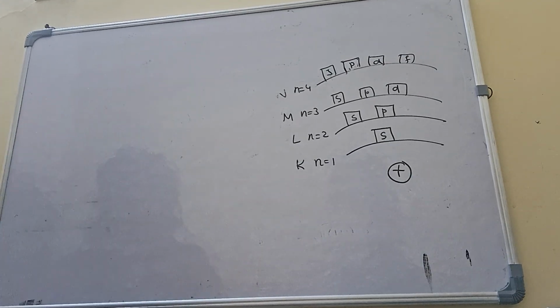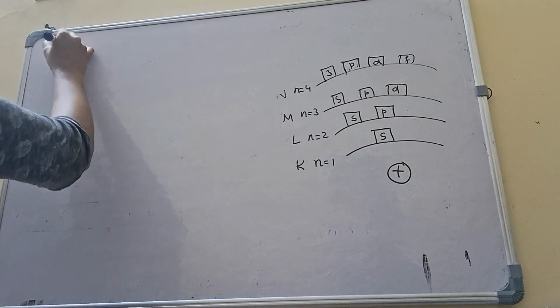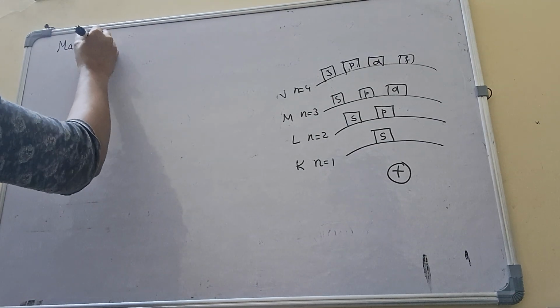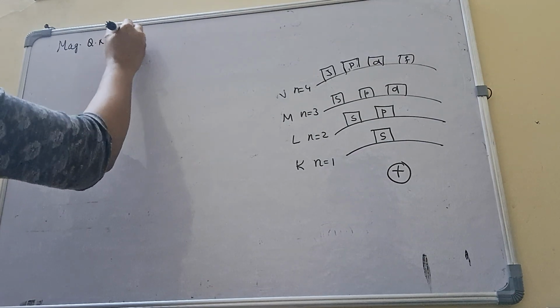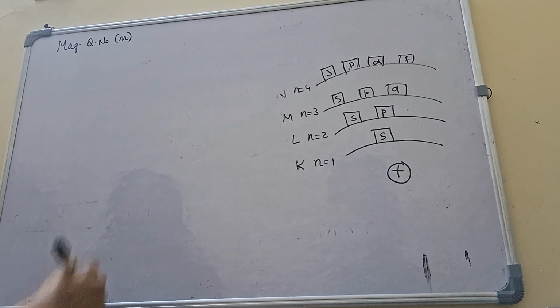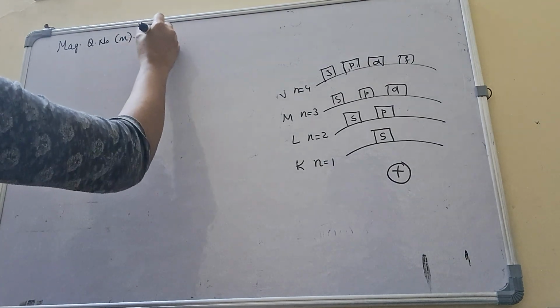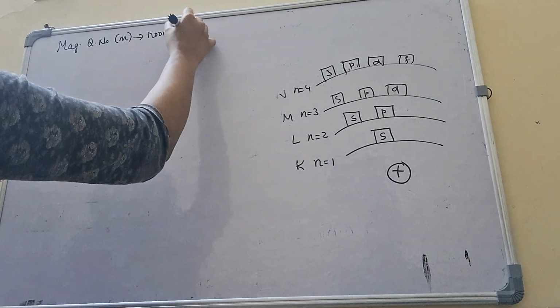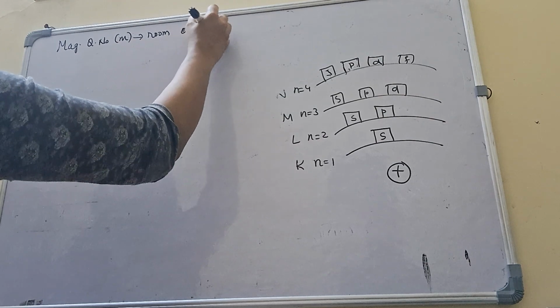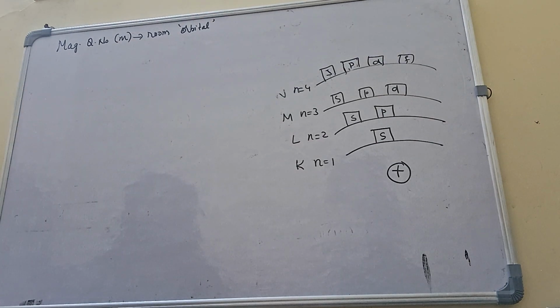So let's talk about the third quantum number, which is called the magnetic quantum number, represented by lowercase m, and that is like your room, and technically it is called an orbital. So each shell or an orbit is divided into subshells.